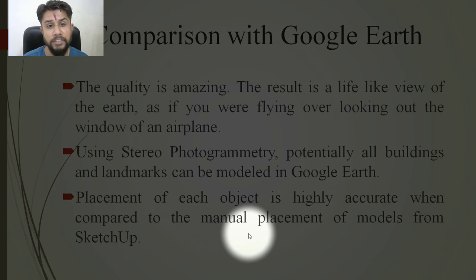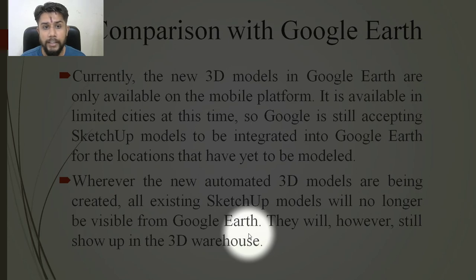With the help of stereo photogrammetry, potentially all buildings and landmarks can be modeled in Google Earth. The placement of each object is highly accurate when compared to the manual placement of models from SketchUp. Currently, the new 3D models in Google Earth are only available on the mobile platform.